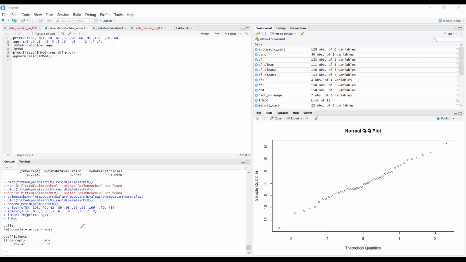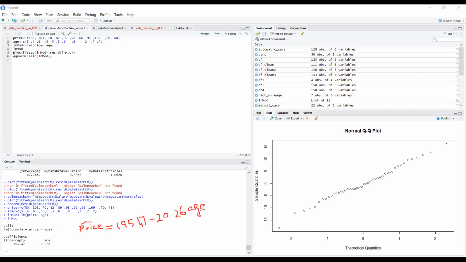The model will be price is equal to 195.47 minus 20.26 times age. This is called the predicted model.